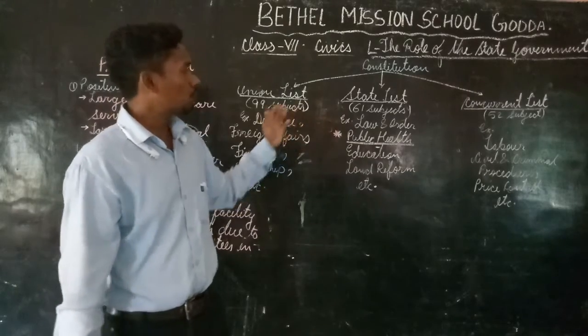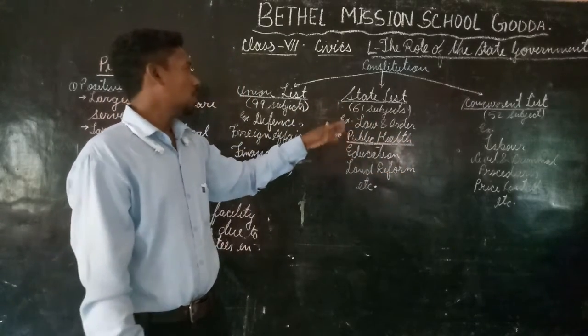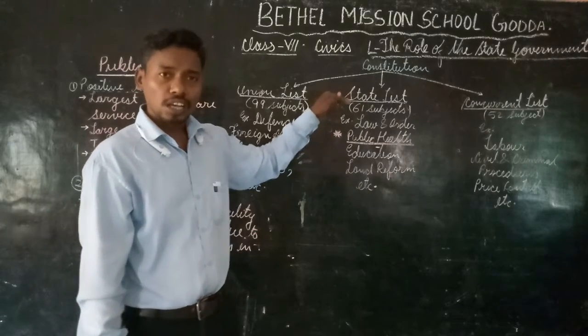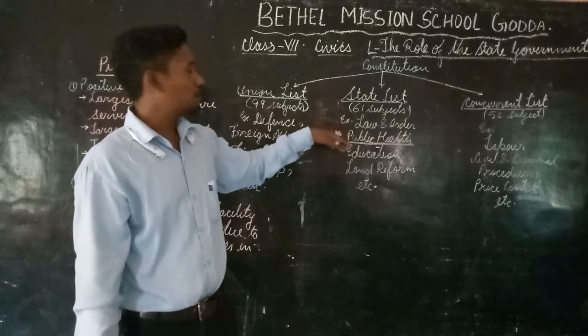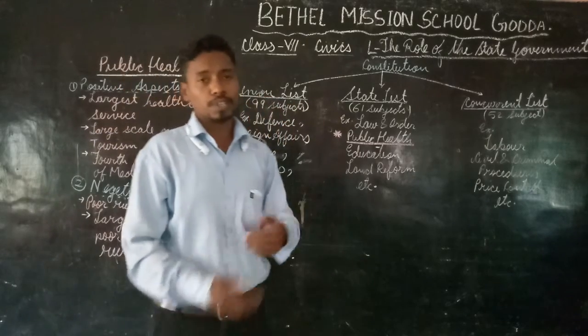It means that if both have to do the same work of the concurrent list, the state government has less power with respect to the central government.